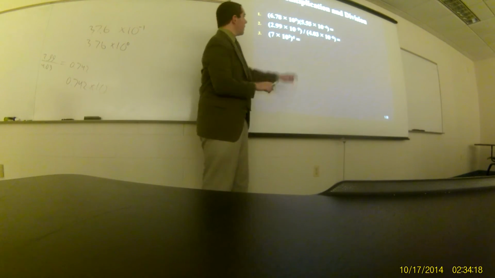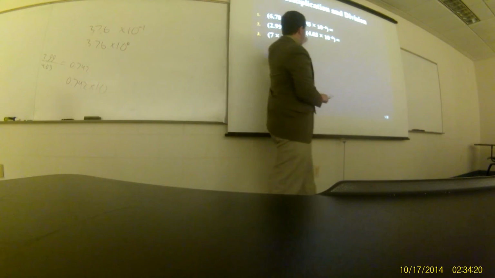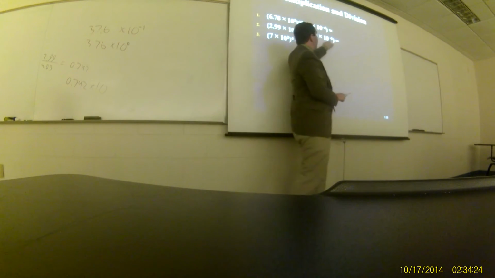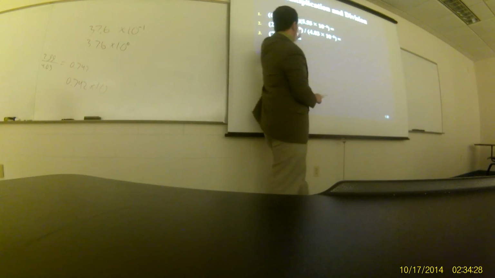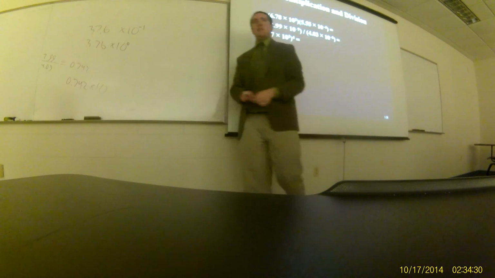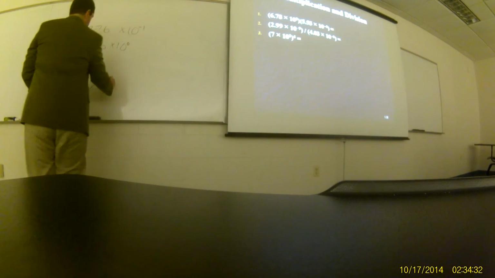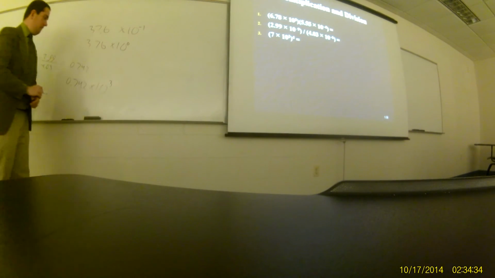Negative 3. We take this one, subtract that one. Negative 9 minus negative 6. So you have a double negative there. So it becomes negative 9 plus 6 is 3.